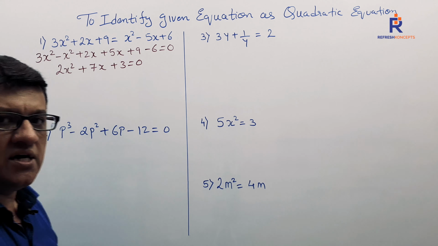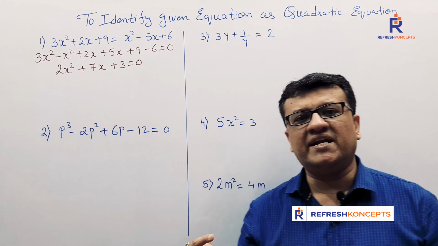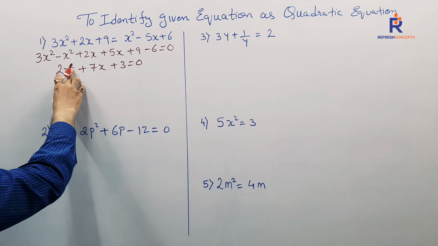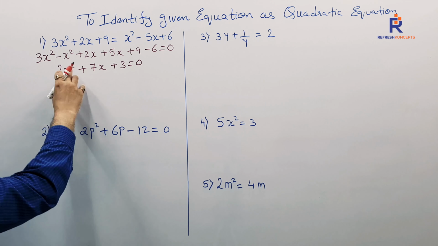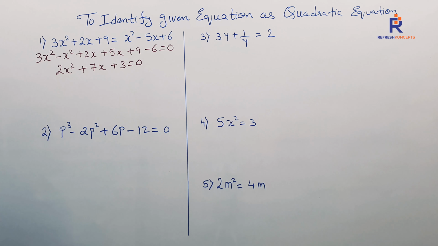Children, can you tell me, is it a quadratic or not? Indeed, there are answers coming that yes, it is a quadratic equation. Why? Because the highest degree of the equation is 2. If you want to write down the reason, you can, or else you can directly say it's a quadratic equation.